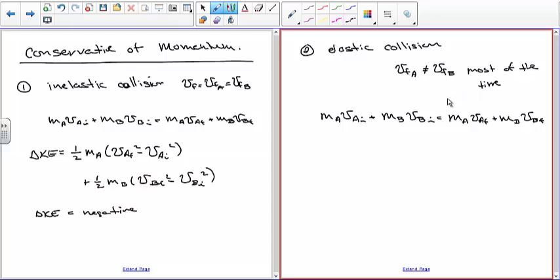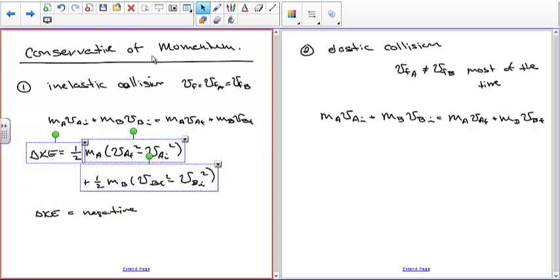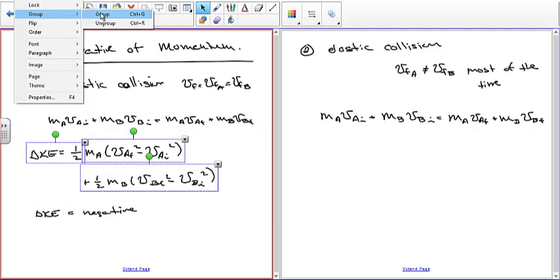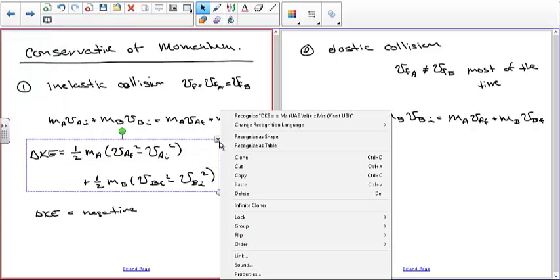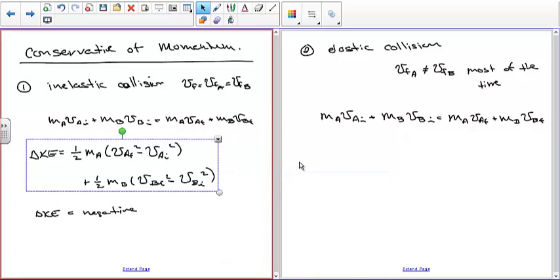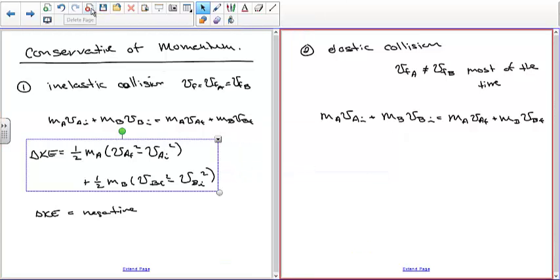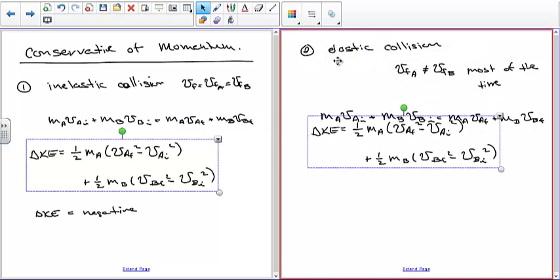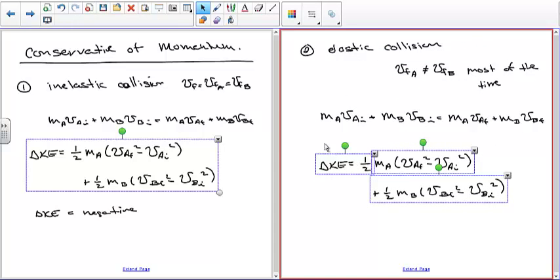And I probably will mention that in class before the test, but I'm not going to put it on the test. So the change in kinetic energy, if I asked you to find it, unless the collision is perfectly elastic, there is going to be a change in kinetic energy.